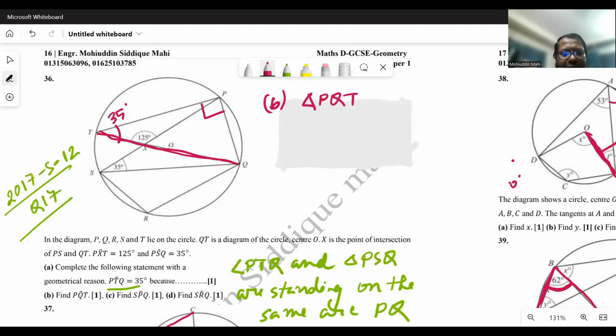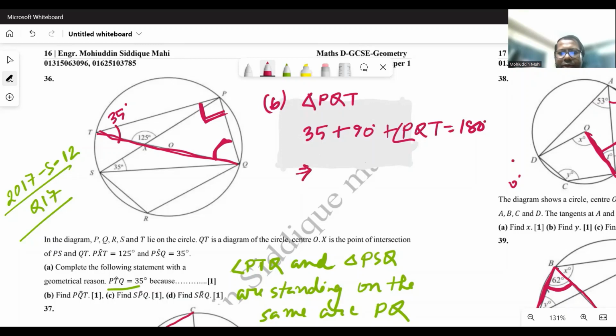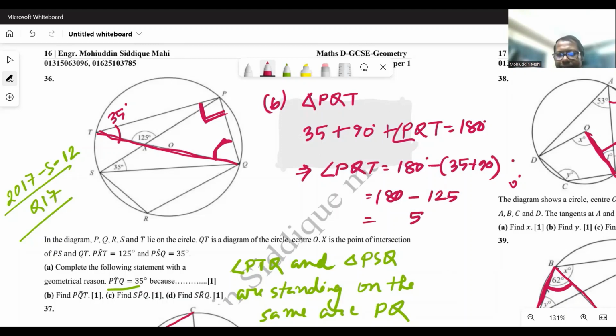So we need to find PQT. So we can write 35 plus 90 degrees plus PQT equals 180 degrees. From here we will make PQT the subject.